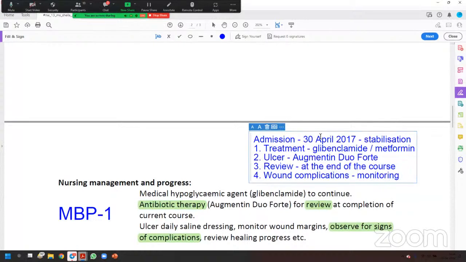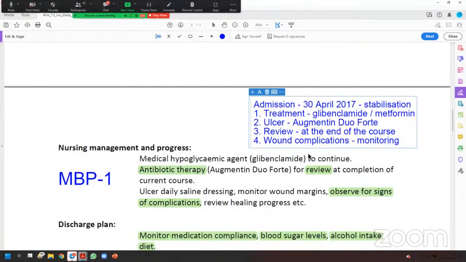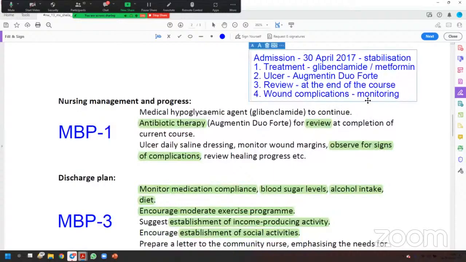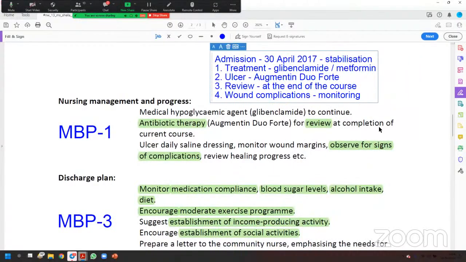So the paragraph is here. Write about the first sentence. So on 30 April 2017, she was admitted. Who was admitted?